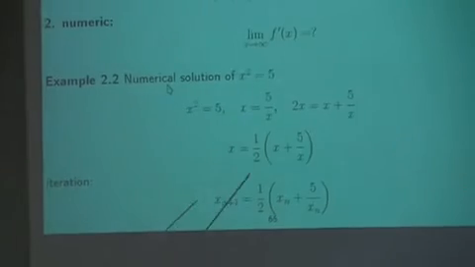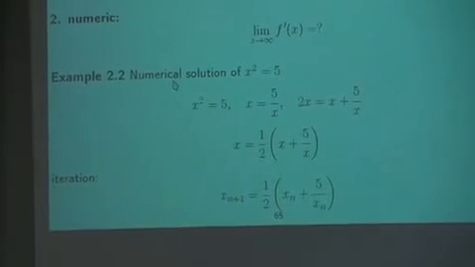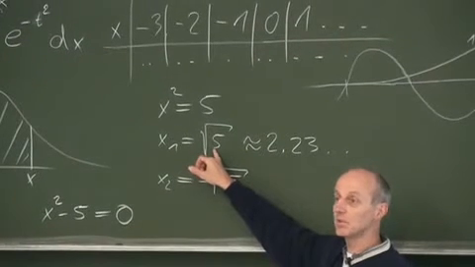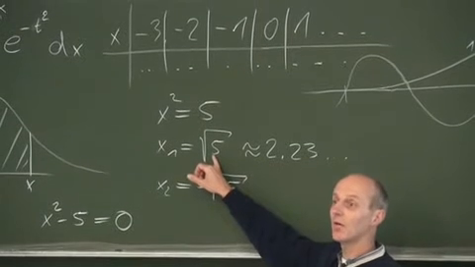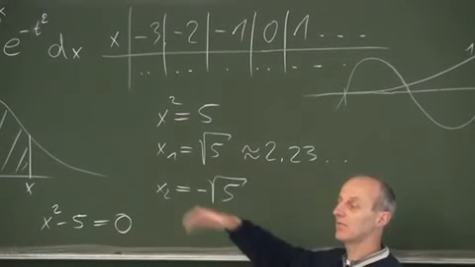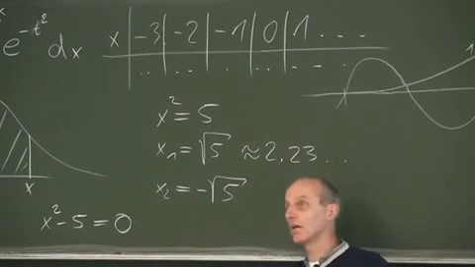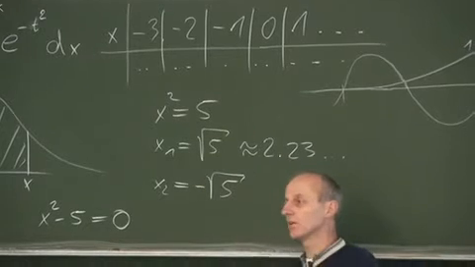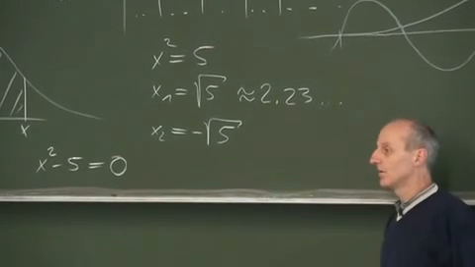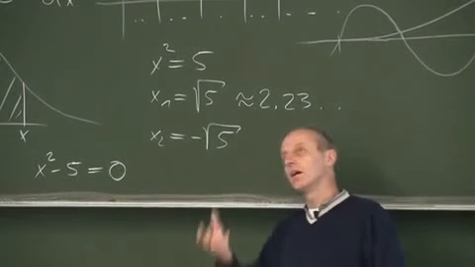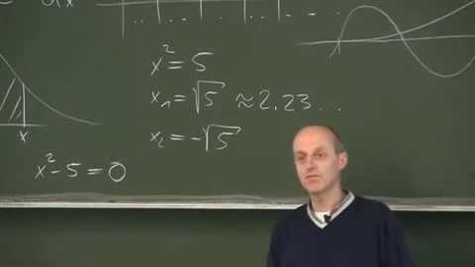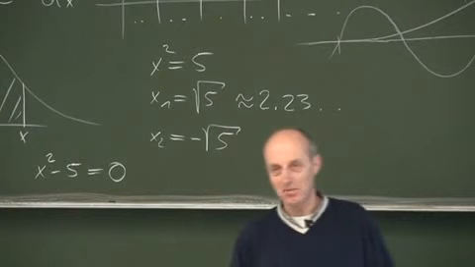Okay, and now we go to numerics. Now we say, I am not happy with this because I have no idea how many meters this is. If there is a carpenter who has to construct this roof, and I tell him I need a piece of wood with square root of 5 meters, he will not be happy.